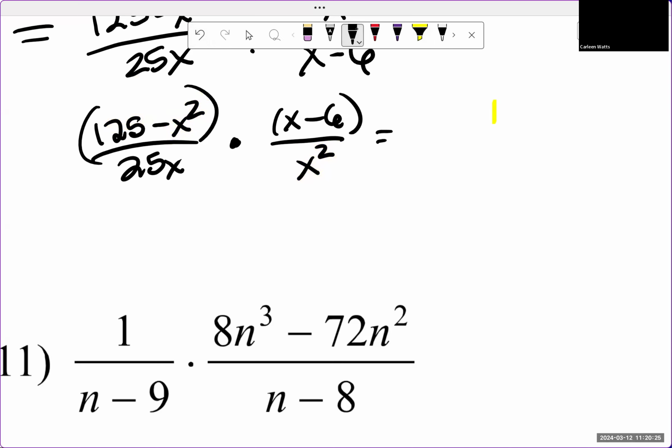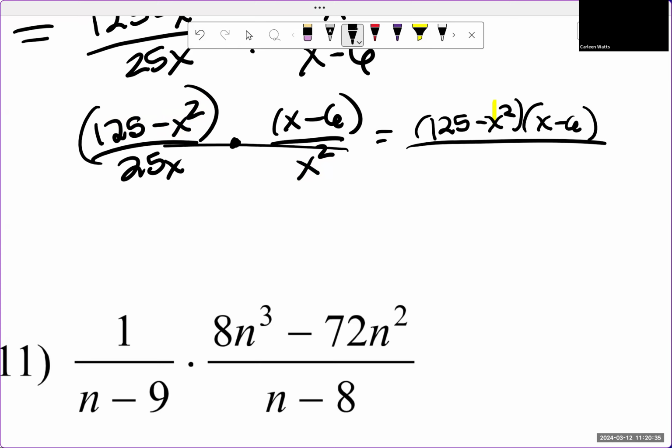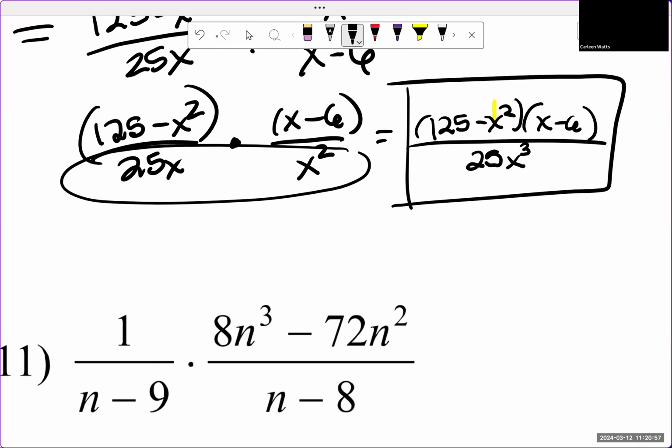So messy as it is, 125 minus x squared, x minus 6. And then the bottom, remember that we're multiplying, is going to multiply together to get 25x to the third power. Whew. That's a lot of steps.